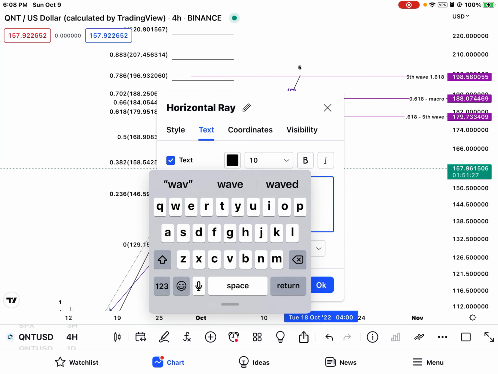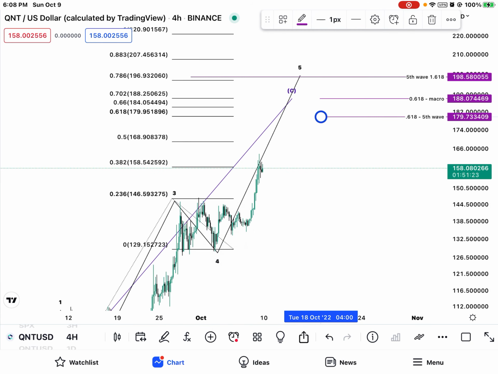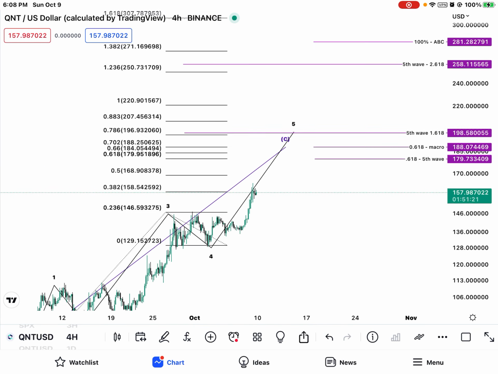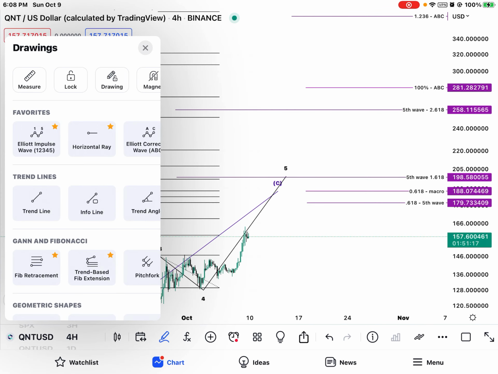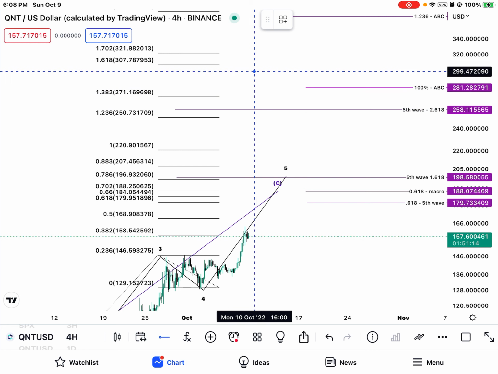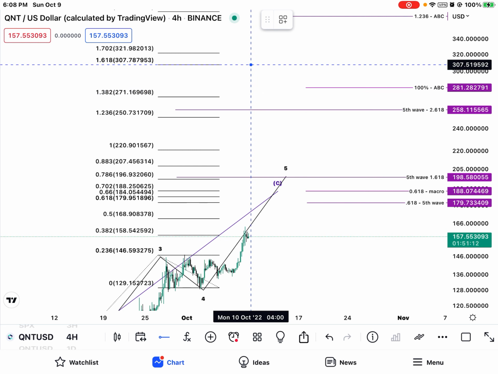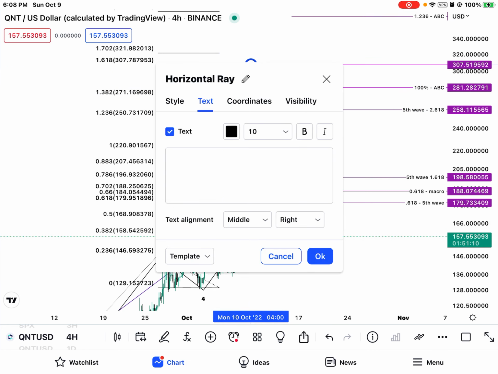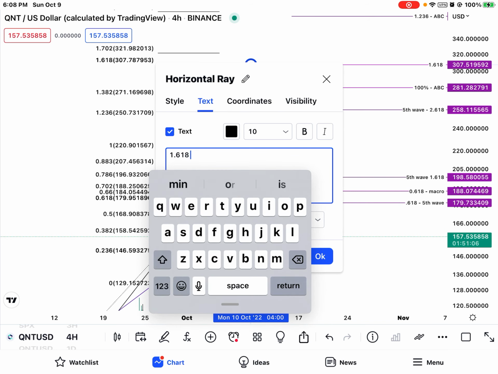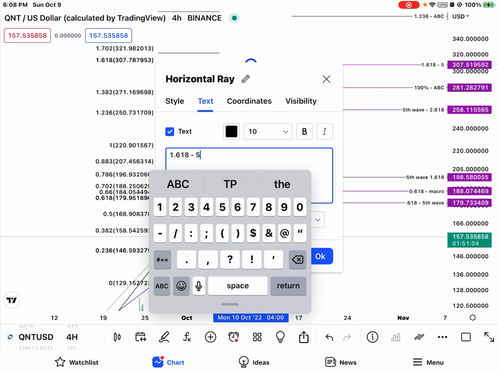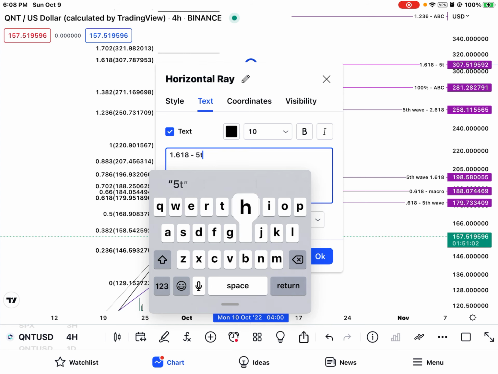Now I'm labeling all the targets for you so everything is accounted for. Okay, that would be your 0.618, or we can hit our 1.618 right here, 307. 1.618, fifth wave.